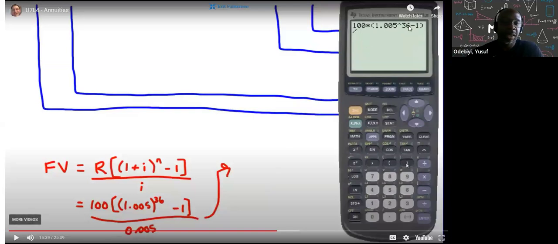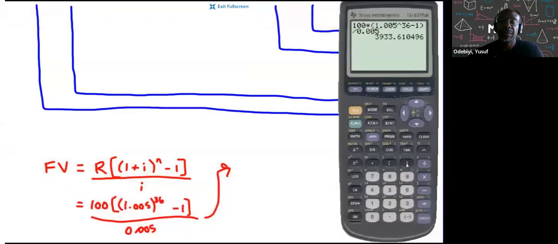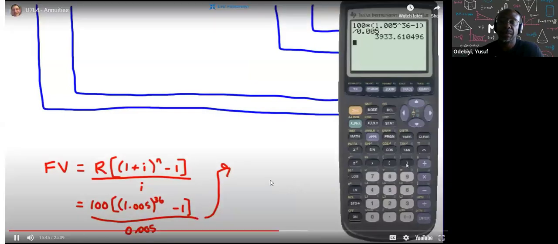This whole thing is in brackets, so make sure you do 1.005 to the power of 36 minus 1, and then the whole thing is divided by the one number, 0.005. We get $3,933.61.